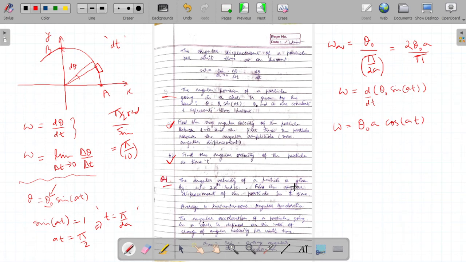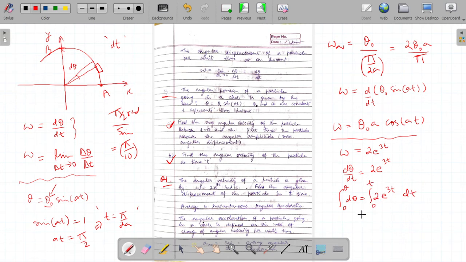The angular velocity of a particle is given by omega equals 2 e to the power 3t radians per second. Find the angular displacement of the particle in t time. So we can easily say that omega can be written as d theta by dt, that is equal to 2 e to the power 3t. Angular displacement d theta is equal to 2 e to the power 3t into dt, and then we'll integrate this from 0 to theta on the LHS, and from 0 to t on the RHS.